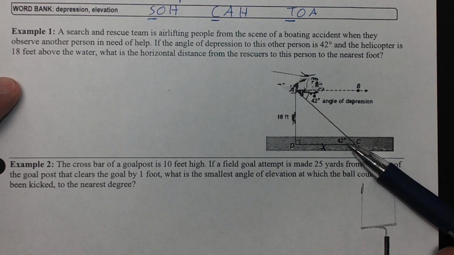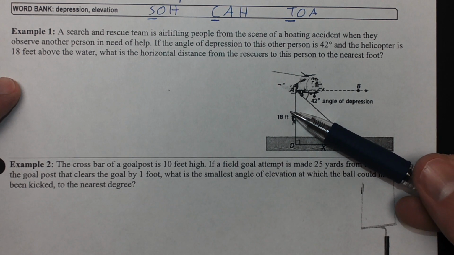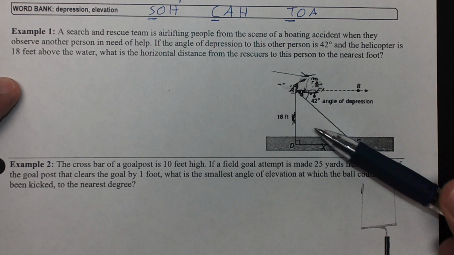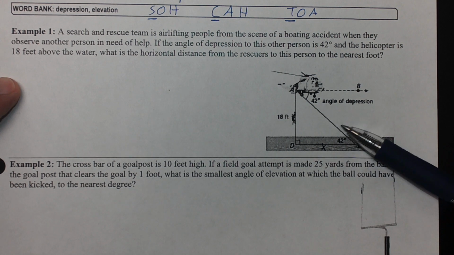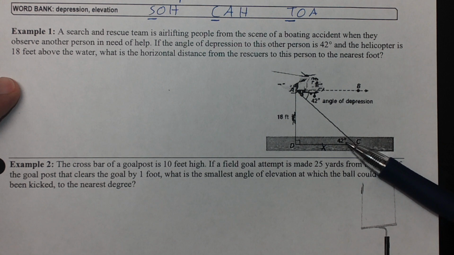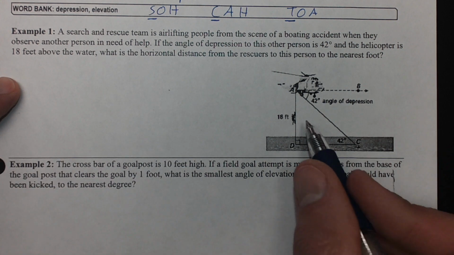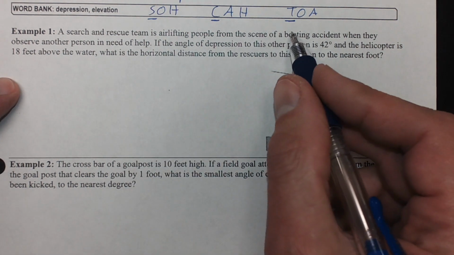We have a 42-degree angle. This 42 is opposite the 18 feet. And we're looking for X, which happens to be adjacent to the 42 degrees. So which trig function uses opposite and adjacent? It's the TOA, right?